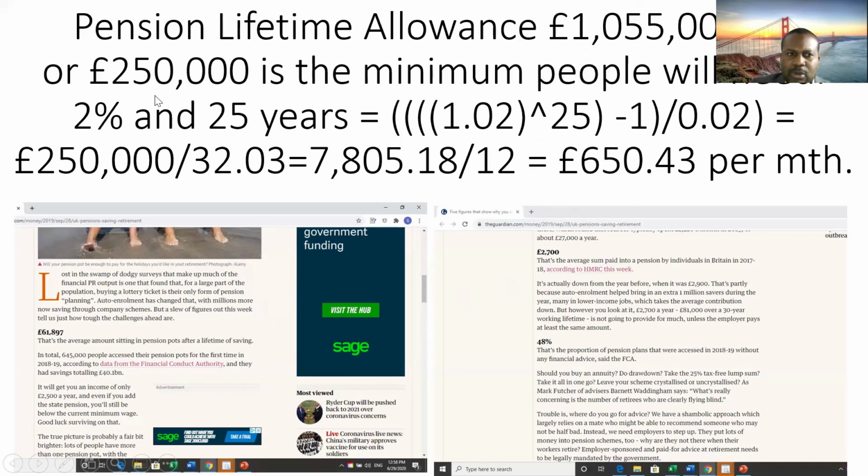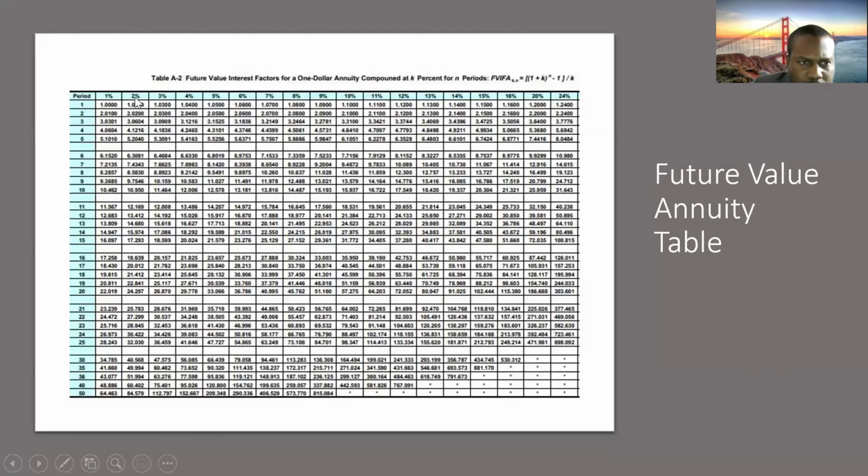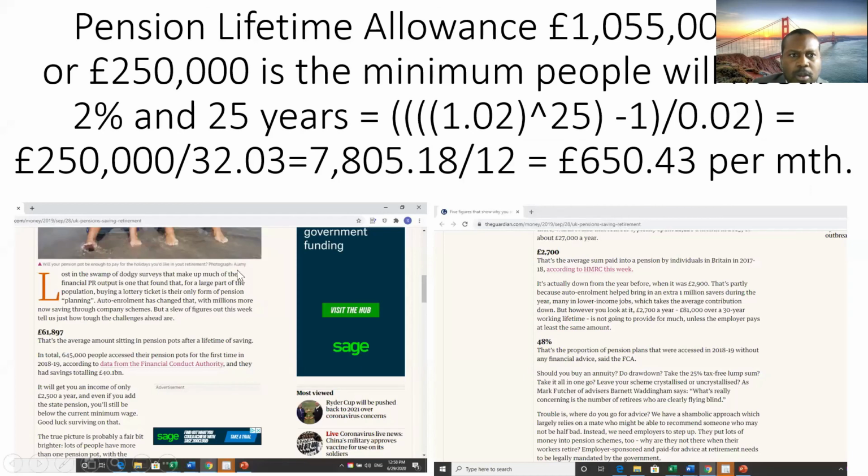If we were to use some calculation, let's just mess around. So 2% for 25 years, and we're going to use a table this time. 2% and 25 years is 32.30. So we divide it, and we get 7,805.18, and we divide that by 12.